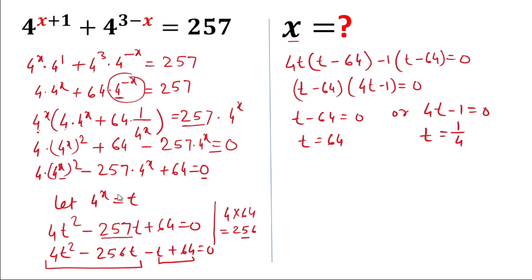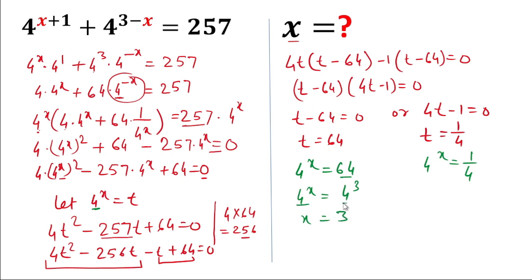Now we'll put the value of t as 4 to the power x. So in place of t we'll write 4 to the power x is equal to 64, and here 4 to the power x is equal to 1 by 4. Now we'll simplify this. 64 is 4 cube, so the value of x here will be 3.